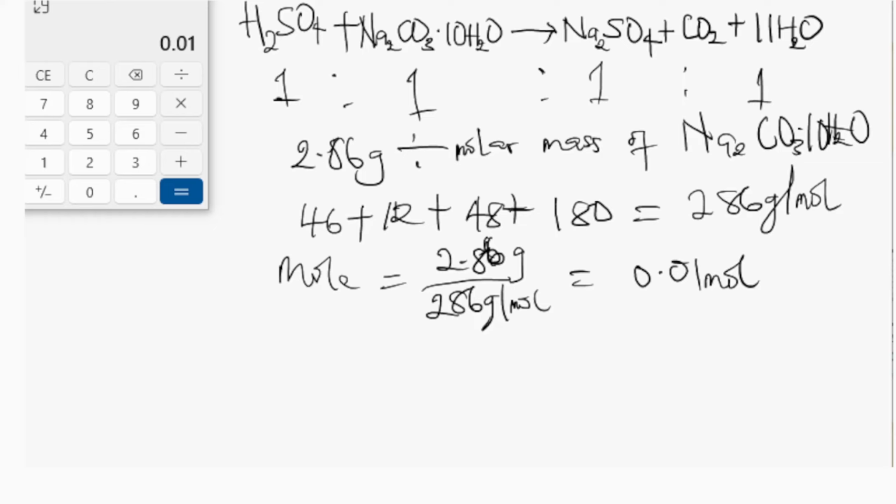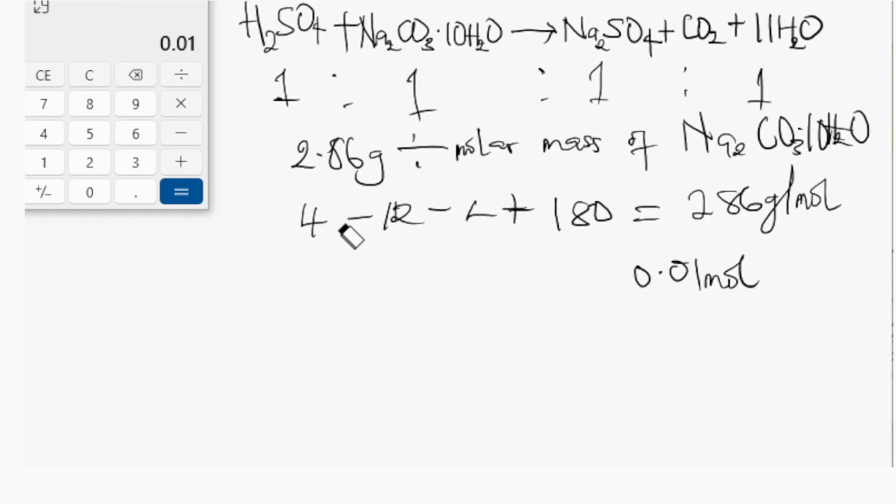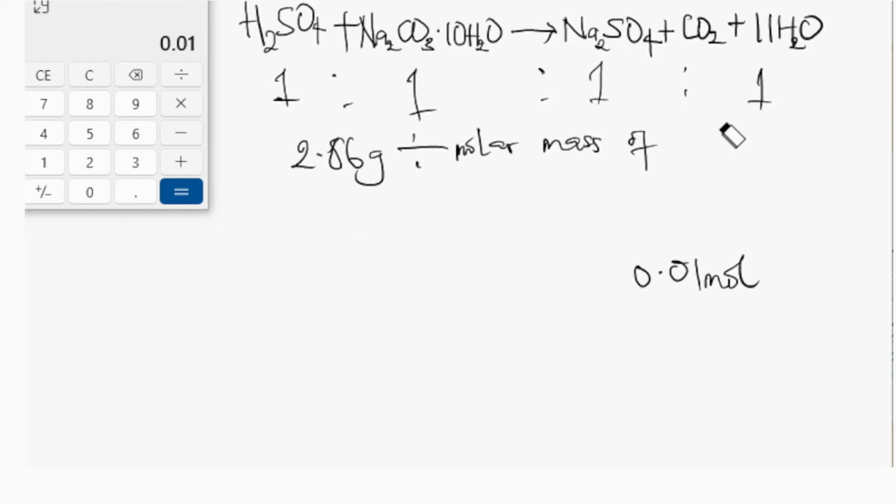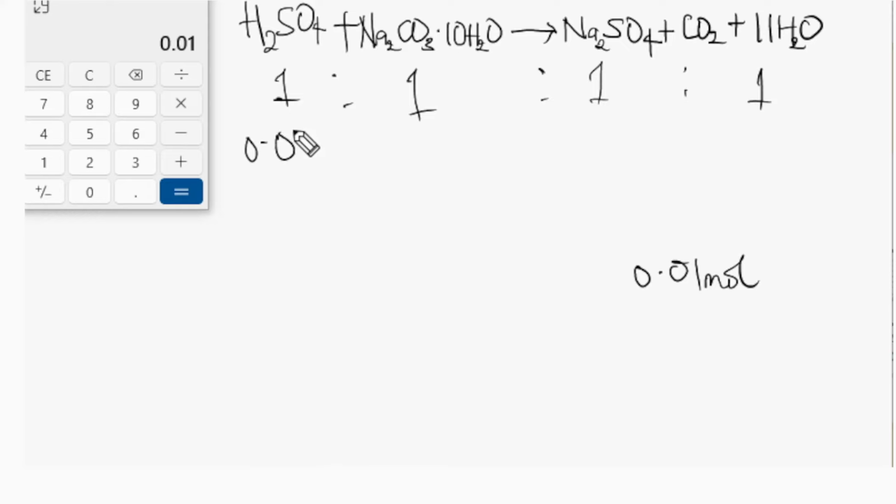So we'll go ahead and wipe this, but we're going to recall that since there is 0.01 mole of sodium trioxocarbonate 4 decahydrate in this reaction, it means that the number of moles of tetroxosulfate 6 acid here will also be 0.01 mole.